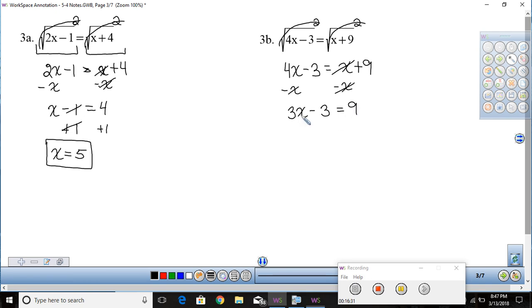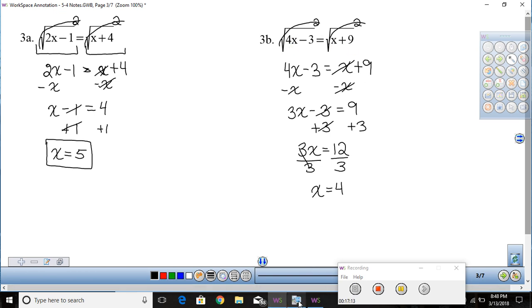I want to get this x alone, so I'm going to have to add the 3. So negative 3, positive 3 cancel. So I have 3x is equal to 9 plus 3, which is 12. Then I'll divide by 3. So I get that x is equal to 4. Well, let's put these in our calculator and see how we do.